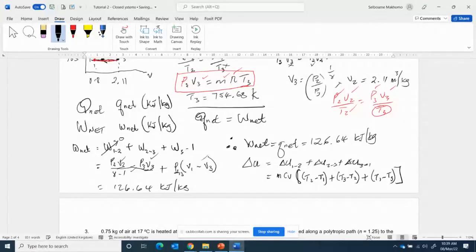So this is the formula for delta U. Let's see why it becomes 0. When you remove the brackets, T2 will cancel T2 because it's positive T2, negative T2. T1, negative T1, positive T1. T3, positive T3, negative T3. Therefore, delta U for a cycle is equal to 0. That is proving the first law of thermodynamics right.